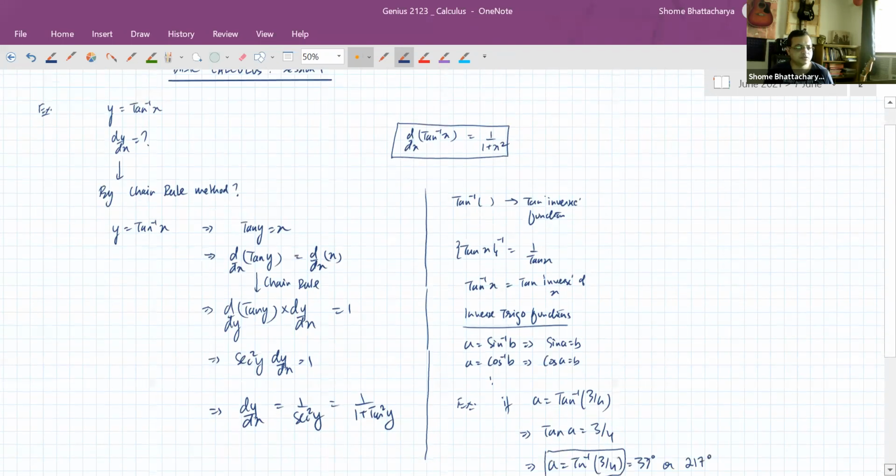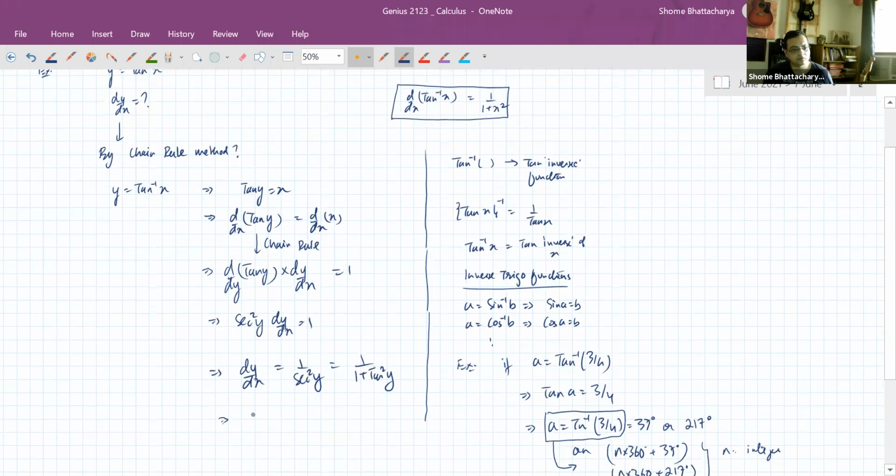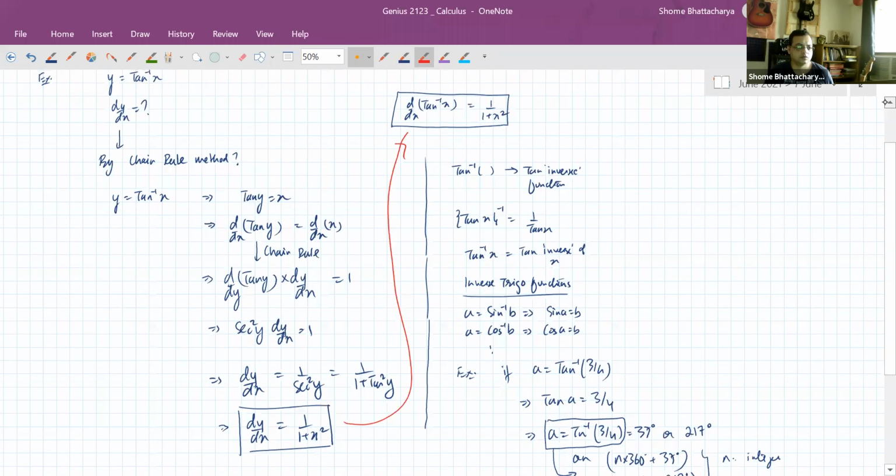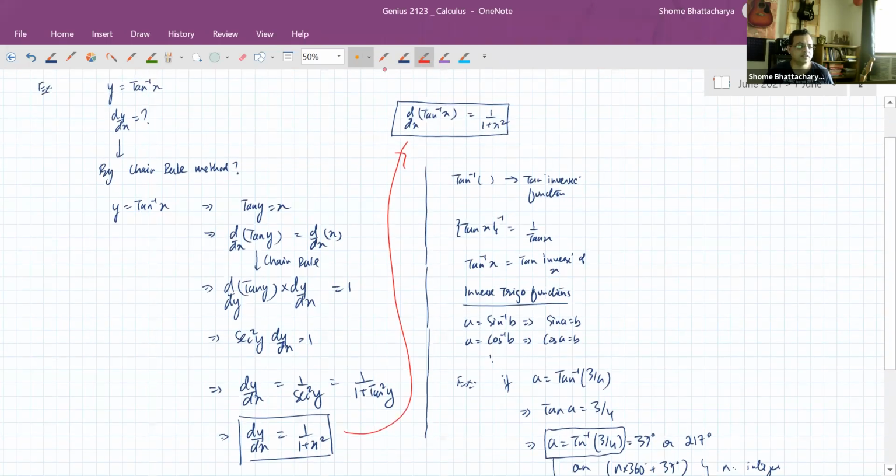That's how I get this formula now. So like this, for any inverse trigonometric function's differentiation, though there is a list of formulae for it, we can achieve it by just using this method of chain rule.